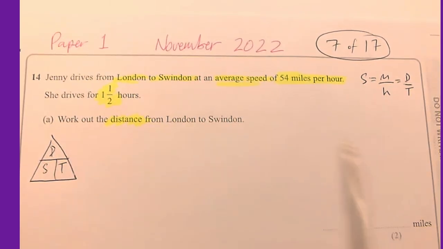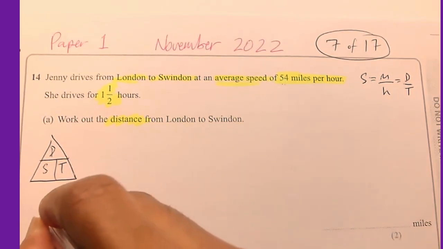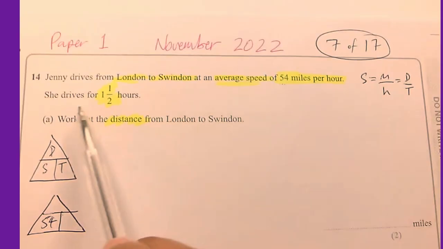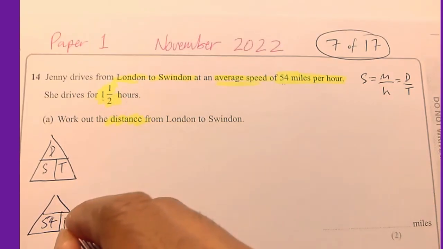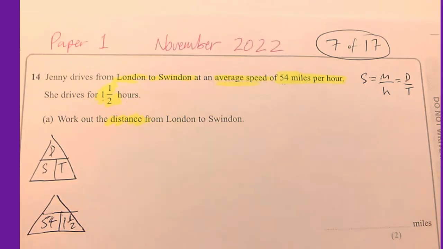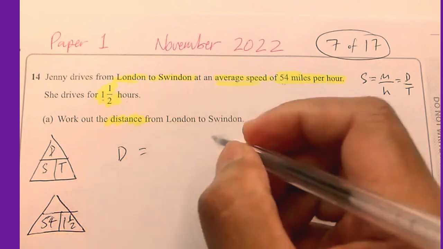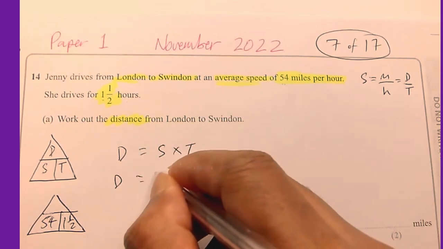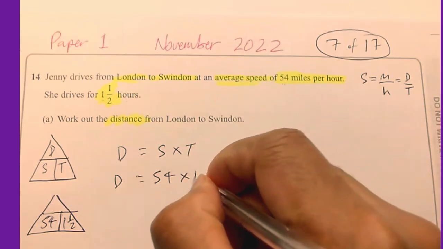So speed is 54. She drives 1.5 hours, so that's our time. Distance equals speed times time, so I can just multiply them: 54 times 1.5.